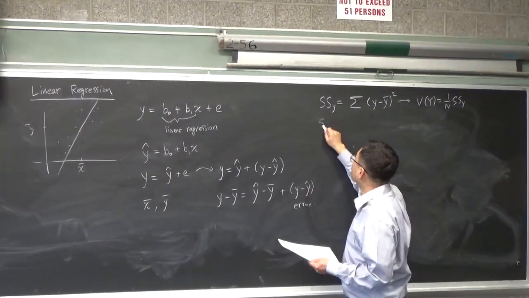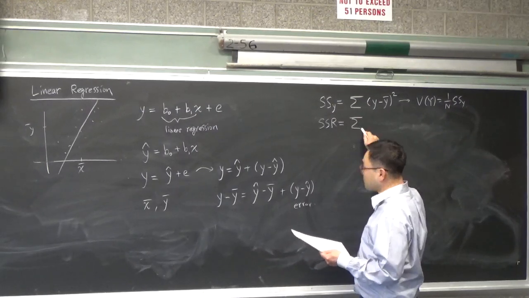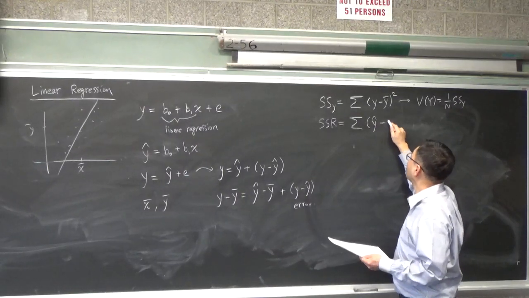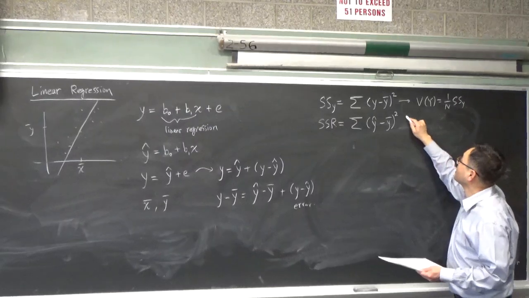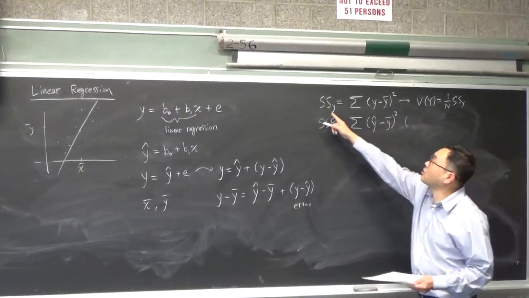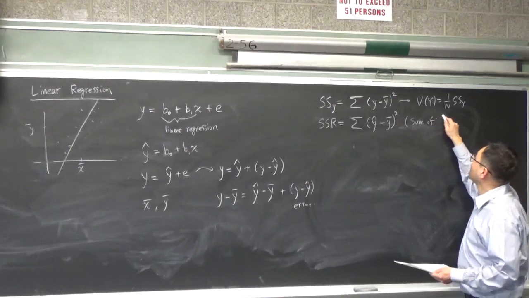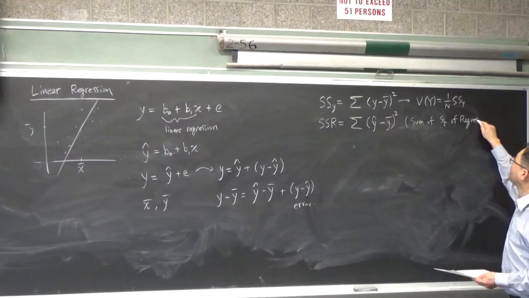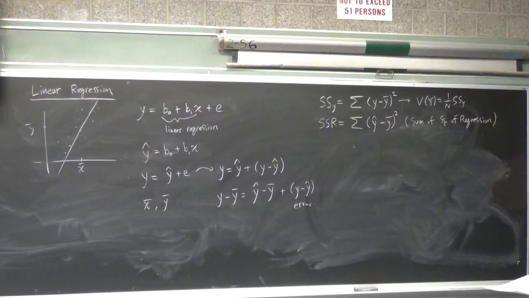And then sum of squares of regression is defined as sum of y hat minus y bar squared. And this is, so SS means sum of squares, okay? So sum of squares of regression. So that's what it means.